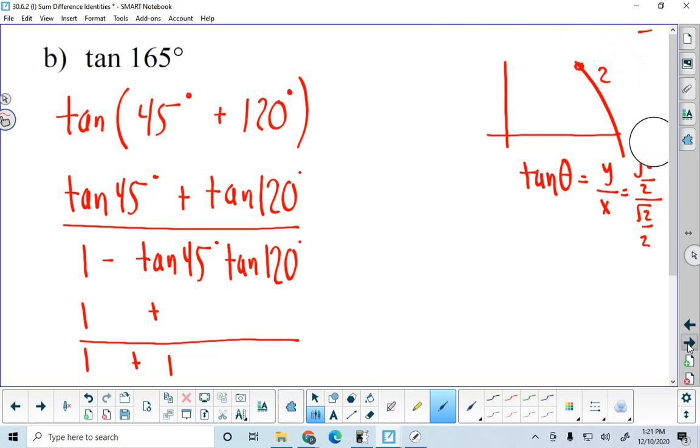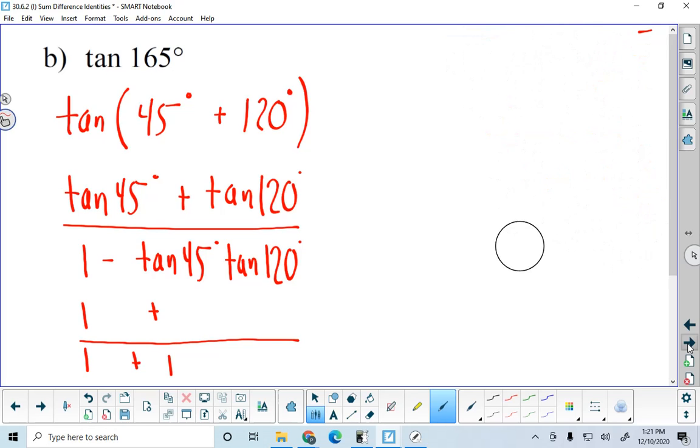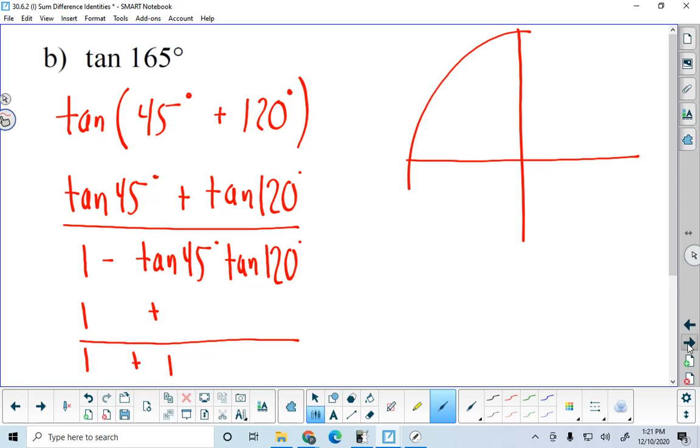Now I still need to put in what tan of 120 is. So I'm going to sketch a rotation arm at 120, and we're going to calculate the tangent of 120. 120 degrees is the 30-degree arc just past 90 degrees. And the coordinates there are negative 1/2, comma, root 3 over 2. You can see that the x-coordinate is clearly 1/2.